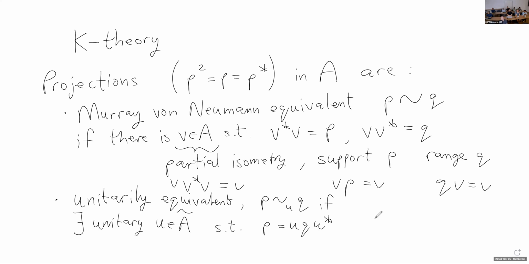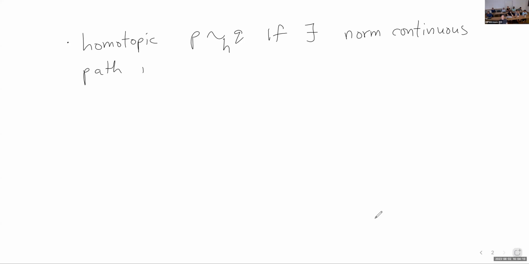Projections are homotopic, which I'll write P ∼h Q, if there is a norm-continuous path consisting of projections, where Proj A I just mean the collection of projections in A, from P to Q.